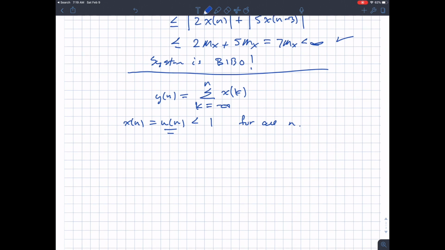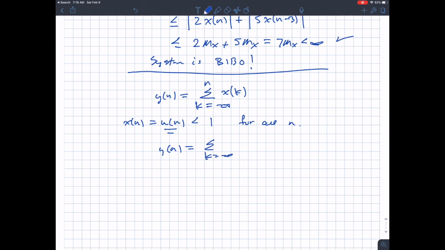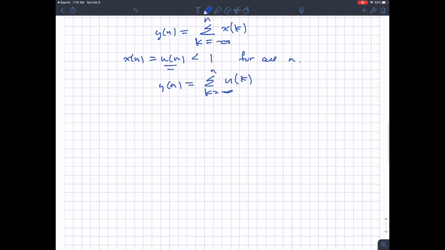So if I apply that, y of n is the sum from k equal minus infinity to n of u of k. Let me unroll that a little more. k goes from minus infinity, so I would have u of minus infinity marching all the way up to u of minus 2, u of minus 1, u of 0.